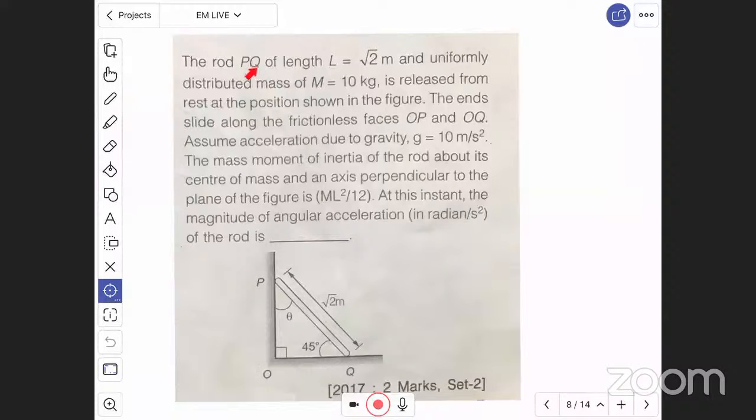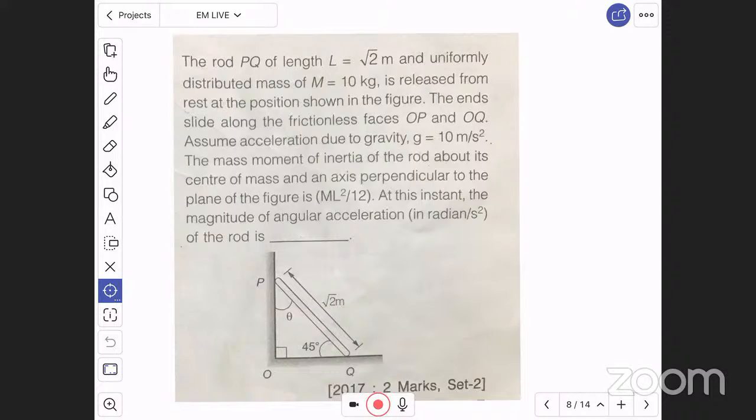The question is: you can see rod PQ, which is inclined at 45 degrees with horizontal, in the diagram. You can easily see it in the diagram.